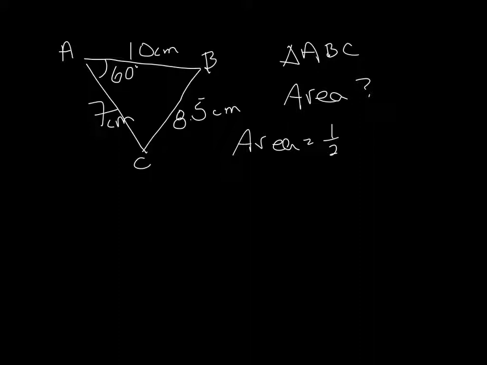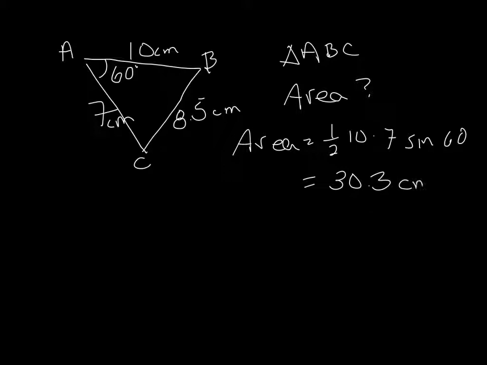Well, we're always going to use the sides of the included angle. So we need to look at only the 10 and the 7 because 60 is our included angle. So I'm going to use sine of 60, and then my sides are going to be 10 and 7. When I do this, 1/2 times 10 times 7 times the sine of 60 gives me 30.3.